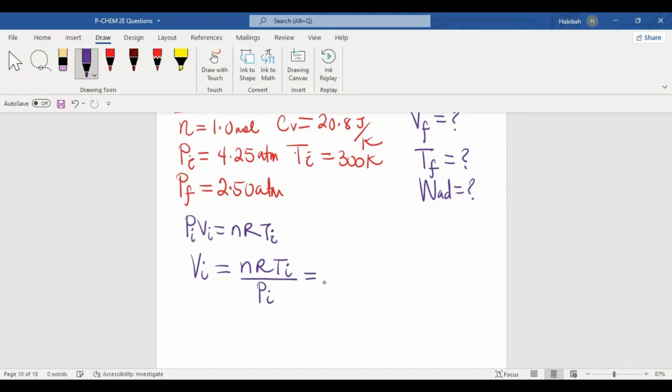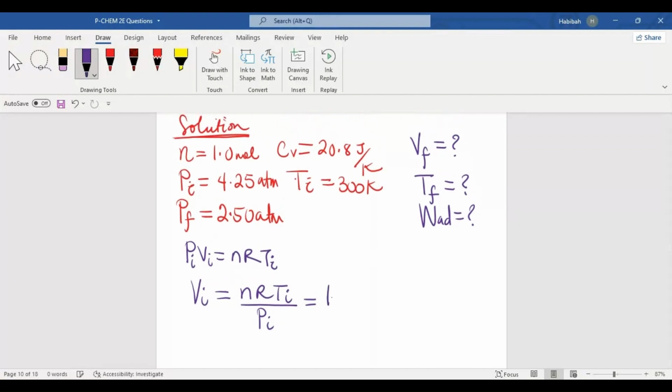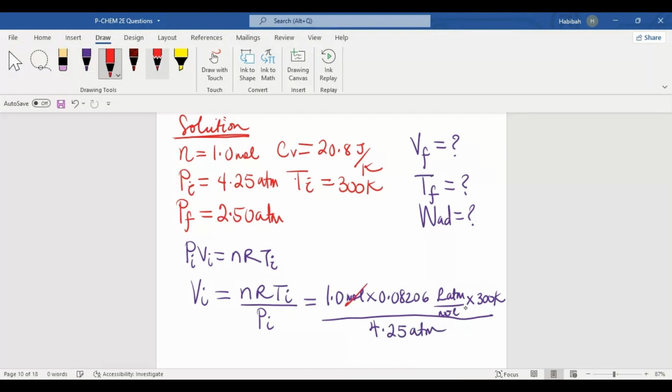Of course, we're going to substitute what we have. We have the number of moles to be 1.0 mole, times the gas constant 0.08206 liter atm per mole Kelvin, times the T initial, which we know to be 300 Kelvin. All of that is divided by P initial, which we know to be 4.25 atmospheres. We cancel out the mole, the Kelvins, and the atmospheres.